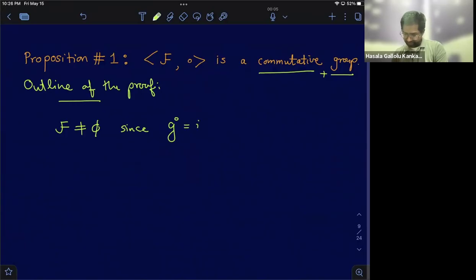So this is the identity mapping that belongs to this. There is at least one single element in there. And then, of course, this is a binary operation, right?